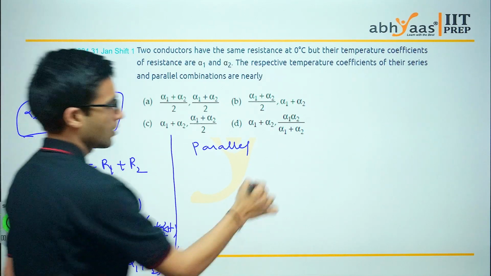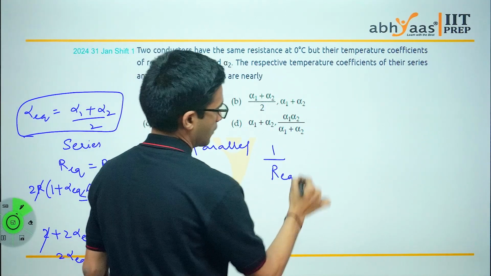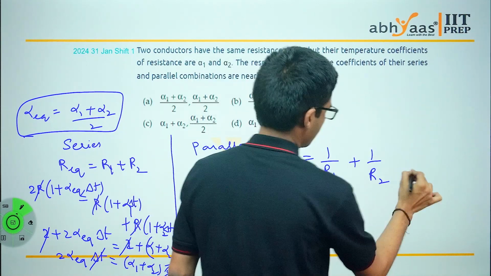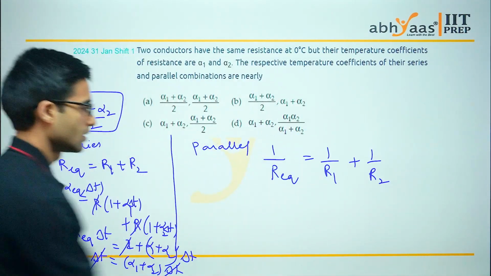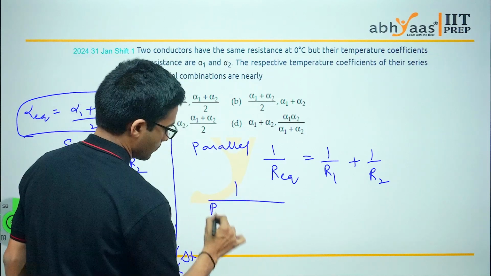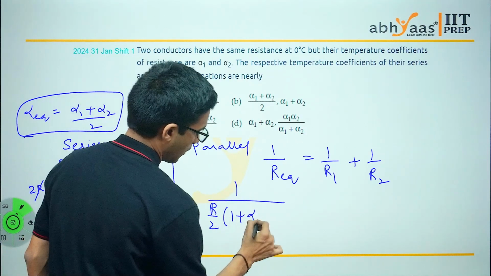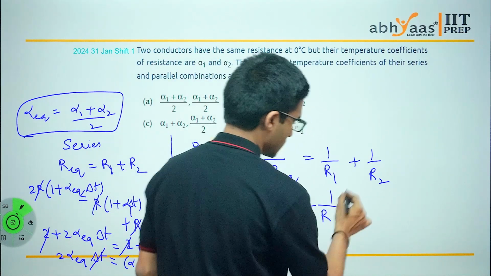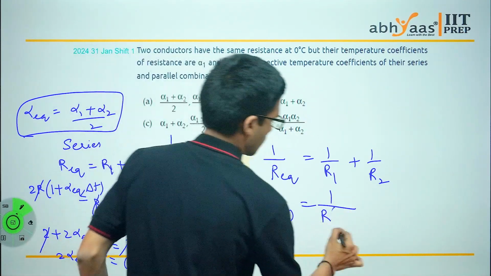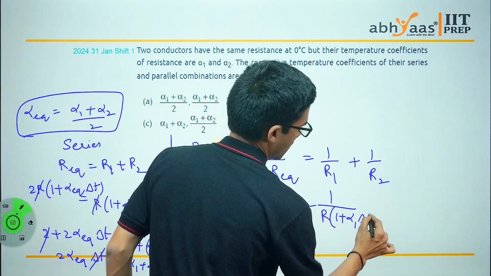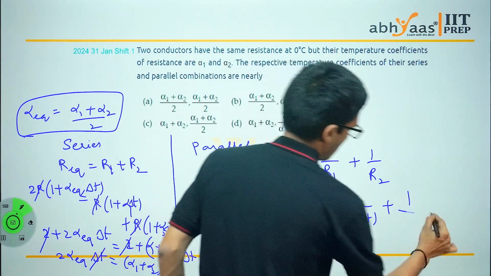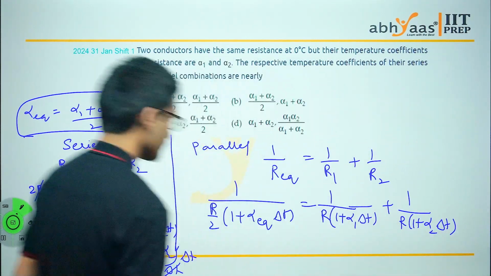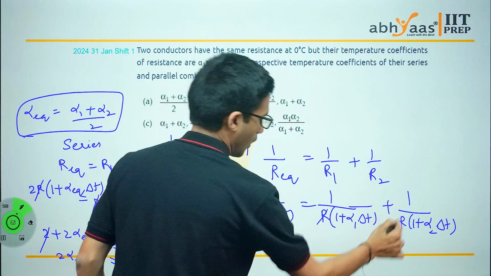Similarly, in parallel, what happens? 1 by R equivalent, combination of conductors, R1 plus R2. R equivalent in parallel is R by 2 into 1 plus alpha equivalent delta T, so 1 by R by 2 into 1 plus alpha equivalent delta T is equal to 1 by R into 1 plus alpha 1 delta T plus 1 by R into 1 plus alpha 2 delta T. R gets cancelled all the way.